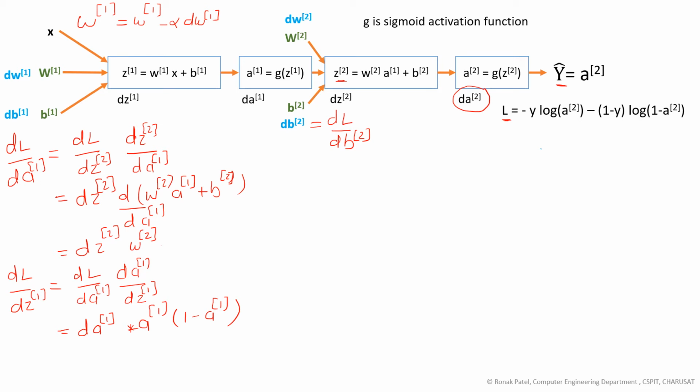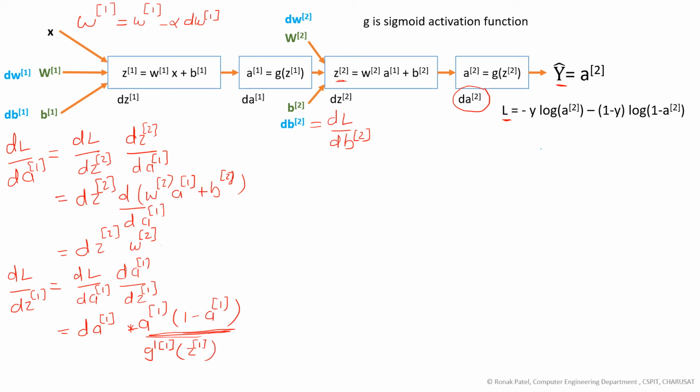So if you have another activation function, then instead of a1 into 1 minus a1, right? Why have I written it like this? Because this is the derivative of the sigmoid activation function. In general, you can write g dash, meaning derivative of the activation function at layer 1, on z1.